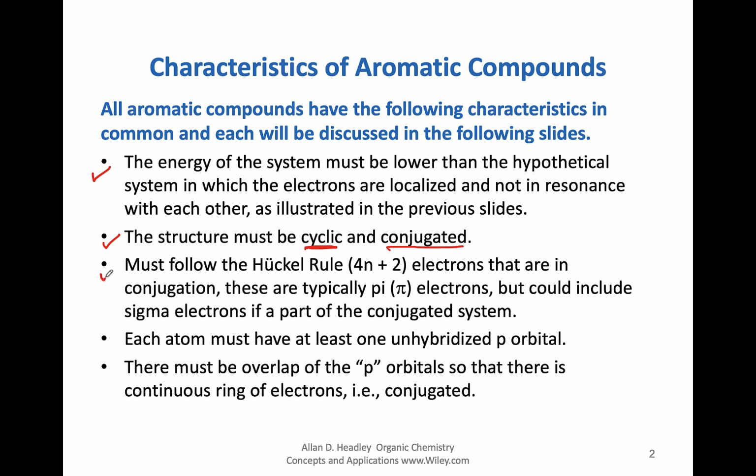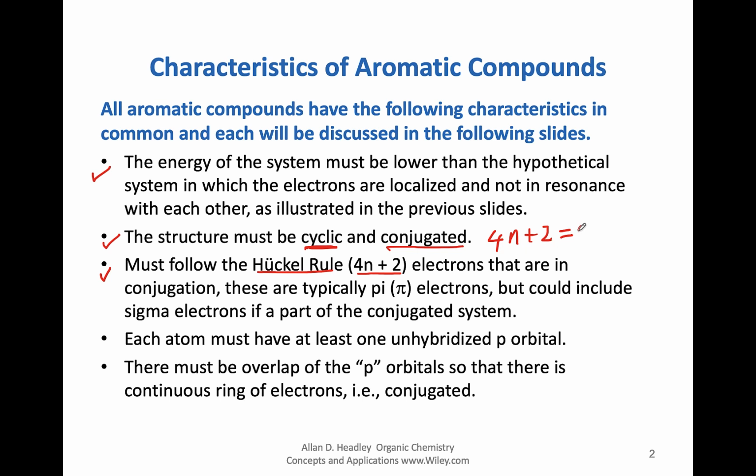Another very important criterion is that of Huckel's rule, also known as the 4n+2 rule. What this means is that you will have to determine the number of electrons in the system that you're analyzing and plug it into this equation. So 4n plus 2 equals the number of electrons that you have determined.